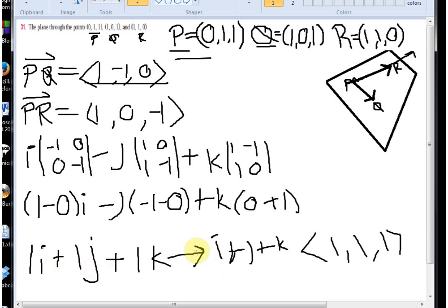So this 1, 1, 1 vector is the vector perpendicular to both the PR and PQ vector, and also perpendicular to the plane.